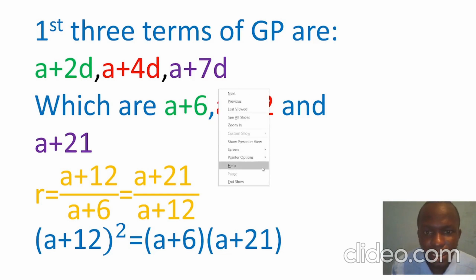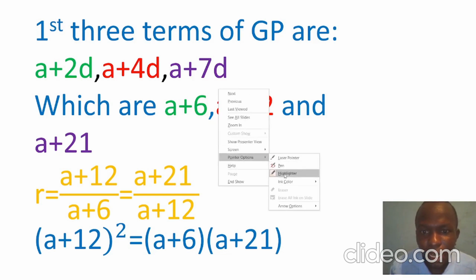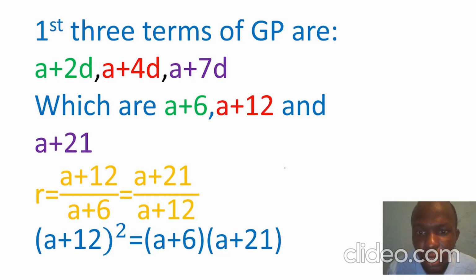Now let us see what has happened with these numbers. Where are these expressions coming from? We have all been told in the question that D is equal to 3. So it is just a simple multiplication by 3.